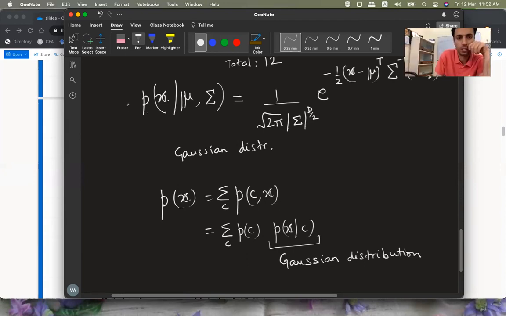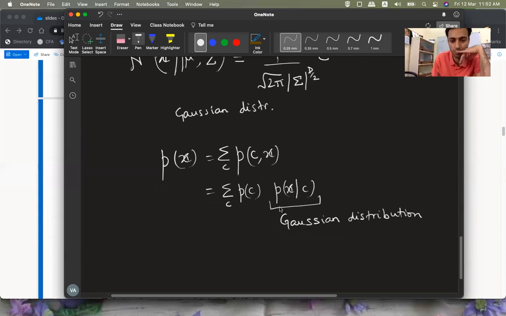So instead of P, you can call it N, because it's a normal distribution. That is conventionally used. So this will be normal, x given mu for the particular C, sigma for the particular C. You know this. Now what is this distribution, P of C? C can be 1 or 2.